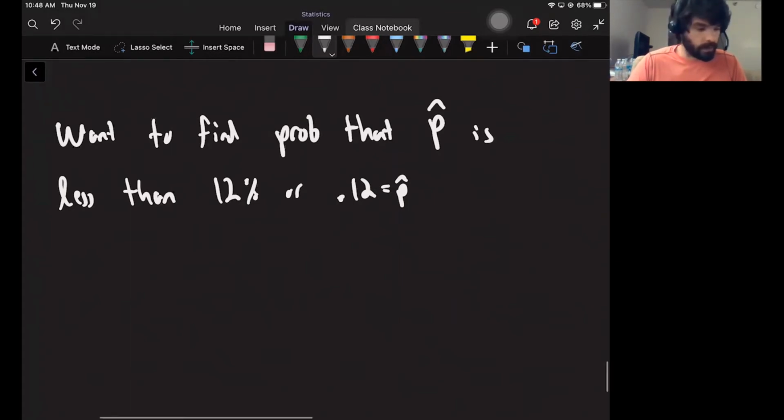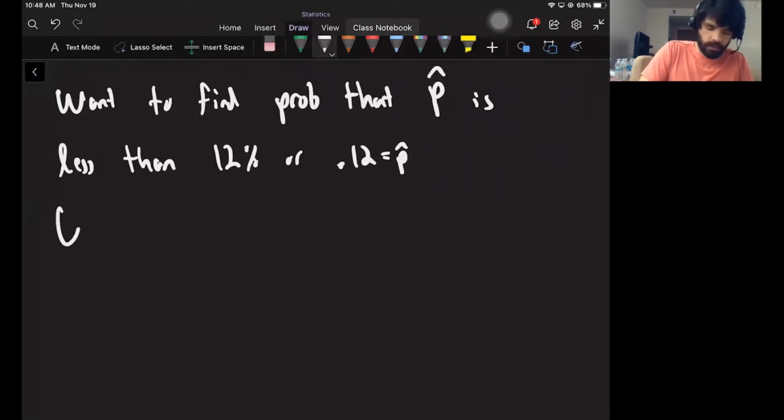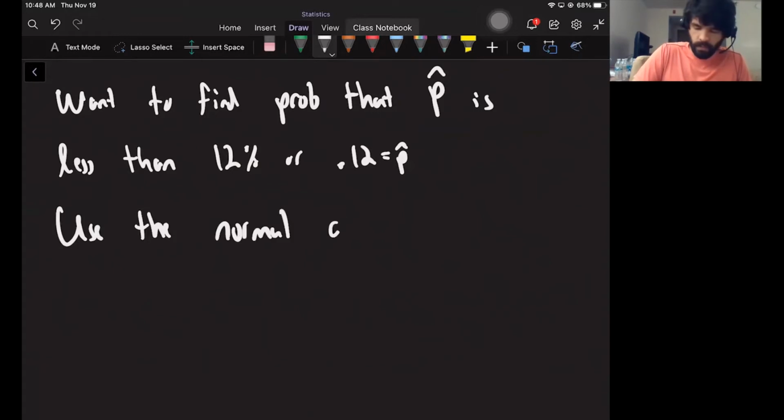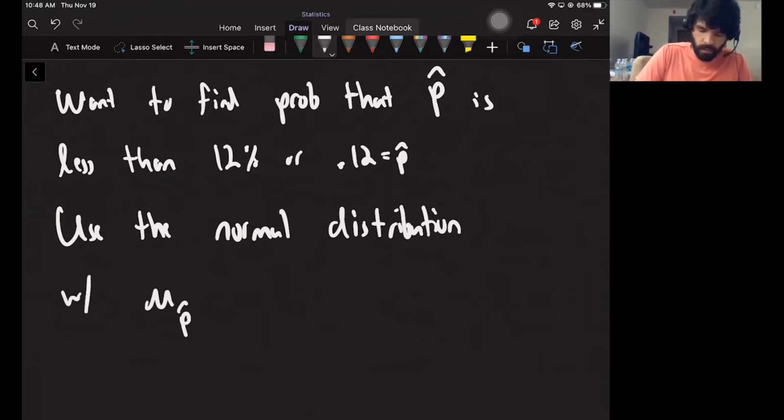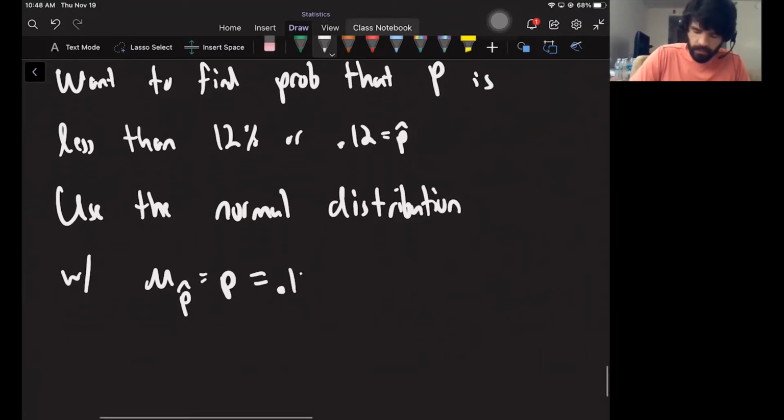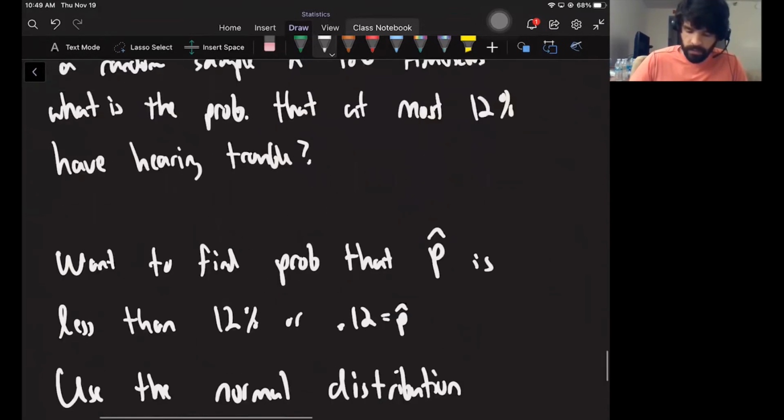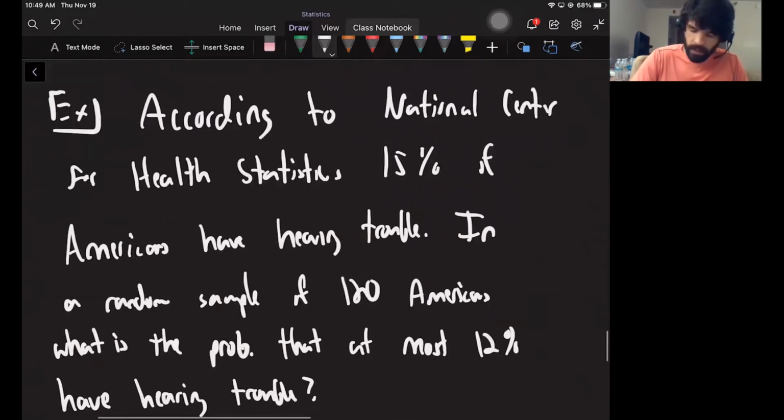Okay, so we're going to use the normal distribution that I claim automatically exists, where the mean is just the given population proportion, which in this case is 0.15. So that's where this 15% is coming into play.